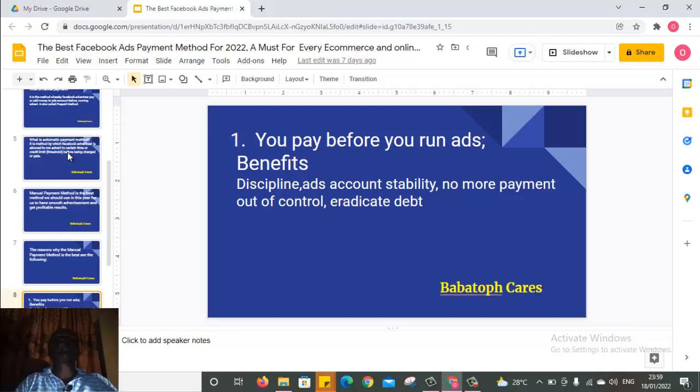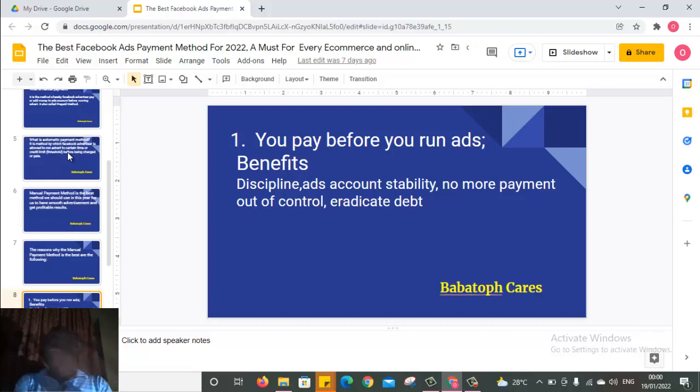You won't get out of control. It will also ensure that you have ad account stability. If you follow the manual payment method, you see that throughout the whole year you might not even get banned, because when we say we pay before, manual payment method is paying before you run advert.